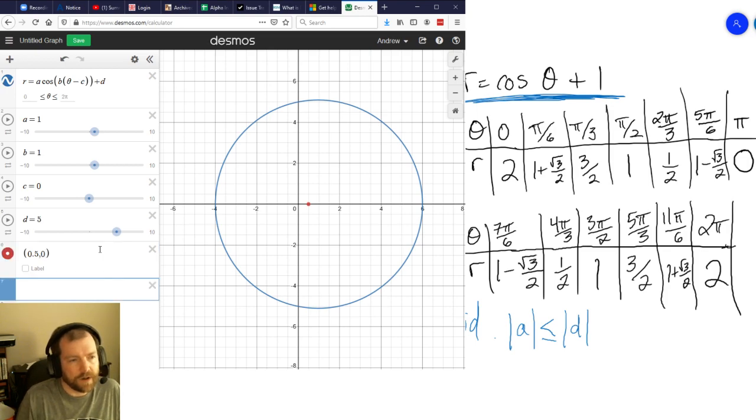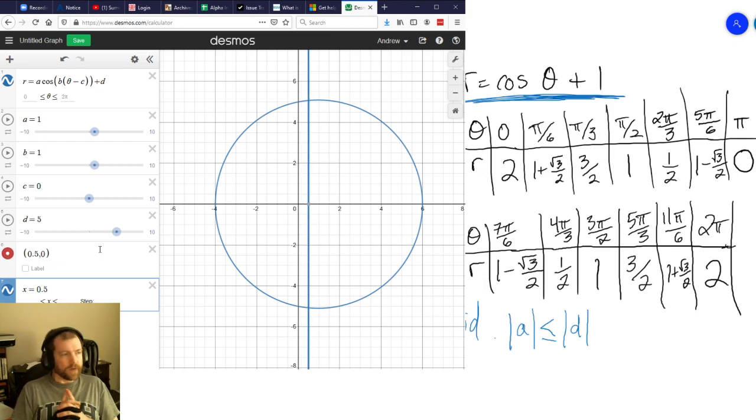So if we did x equals 0.5, right there, the distance up and down is the same. And because we stretch the cardioid in the positive direction, it ends up having a little bit on top and bottom, which also increases as we're starting to move out this way.